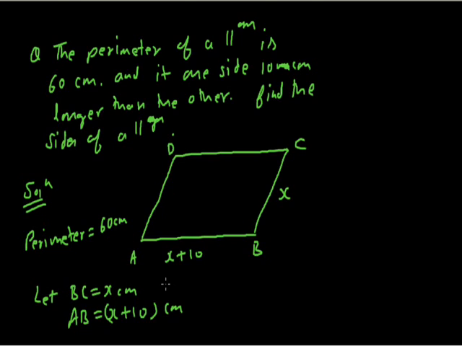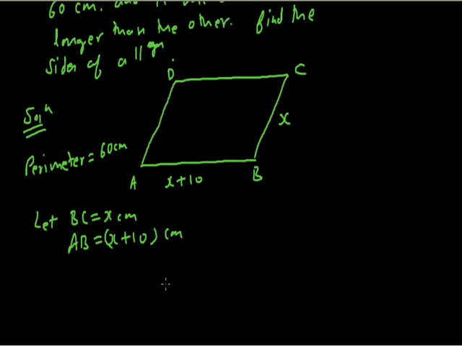Now in a parallelogram we know that the opposite sides are equal. As the length of AB is x plus 10, DC is also x plus 10, and BC and AD are also equal. It means BC is x, so AD is also x.